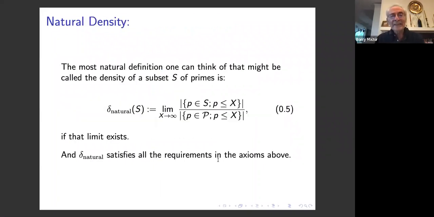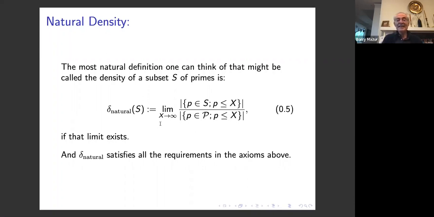Now, there's something called natural density, and it certainly satisfies them. In fact, it's the type of density that I alluded to earlier in terms of red and blue. The most natural density you can think of that could be called the density of a subset of primes is: you take the number of primes in that subset less than or equal to x, and divide that number by the number of all primes less than or equal to x.